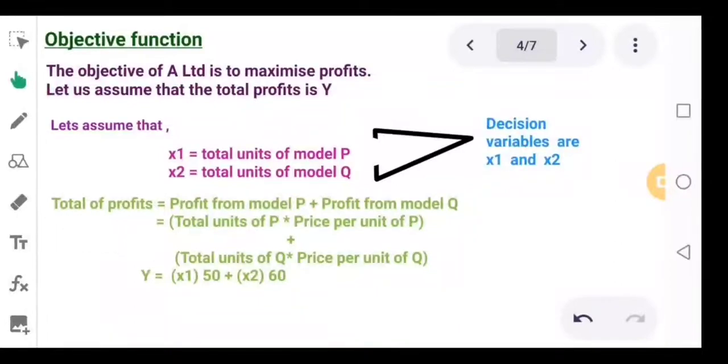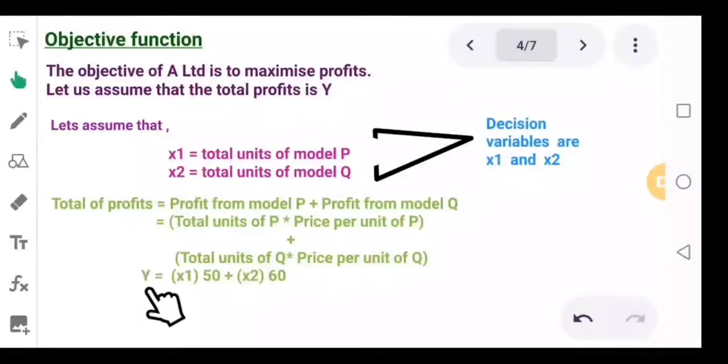We know that total profits is Y. Now what is total units of P? This is what we need to find out. So we are going to replace this with X1. Total units of model P will be represented by X1. That's why X1 into 50 plus total units of Q. Total units of Q will be represented by X2.